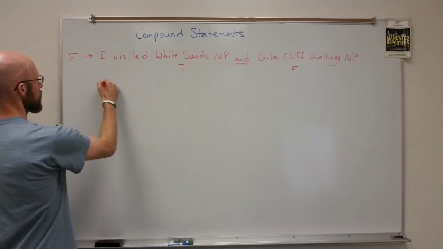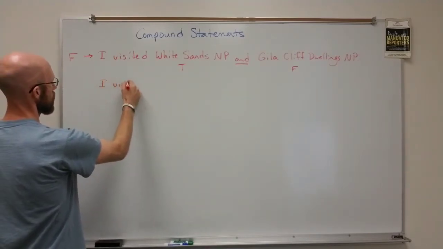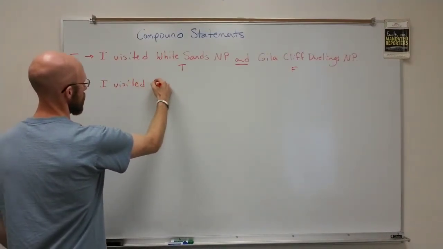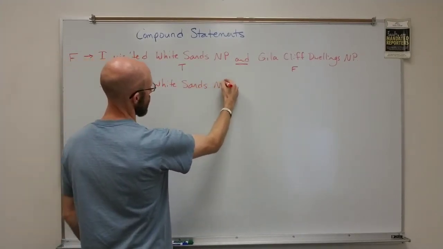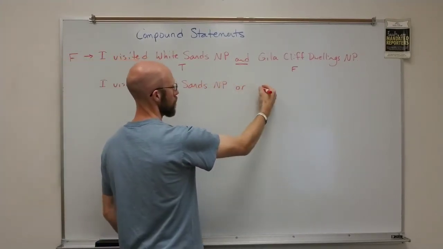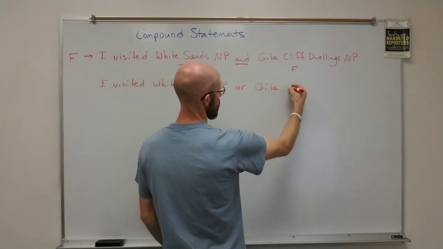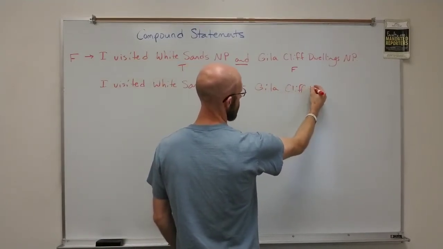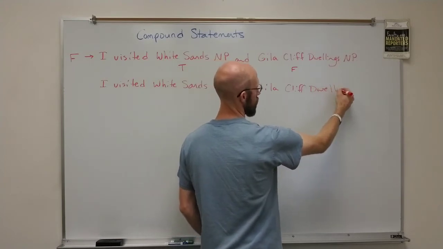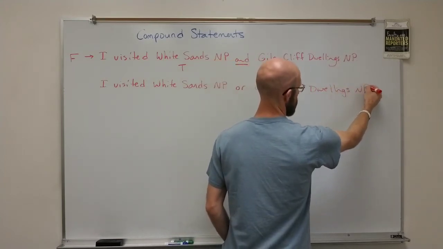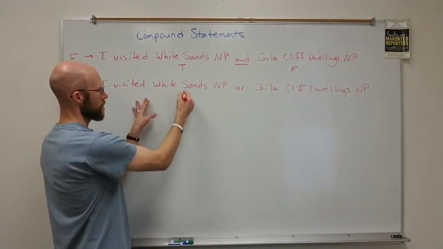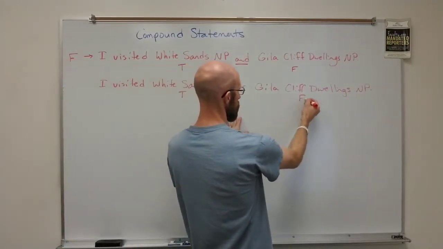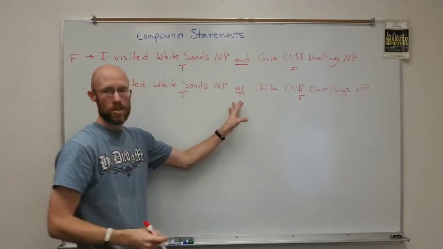If I said I visited White Sands National Park or Gila Cliff Dwellings National Park, well, in this case, that statement has a true and a false part, but we're using a disjunction.